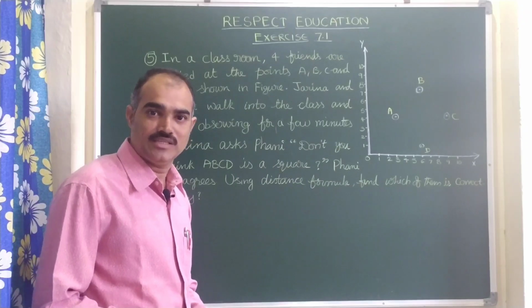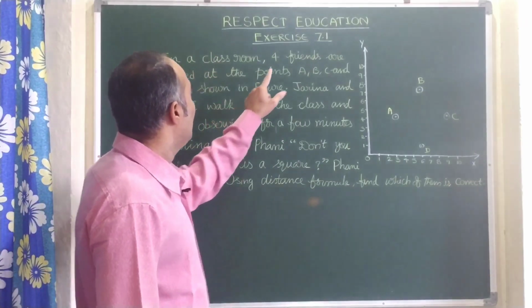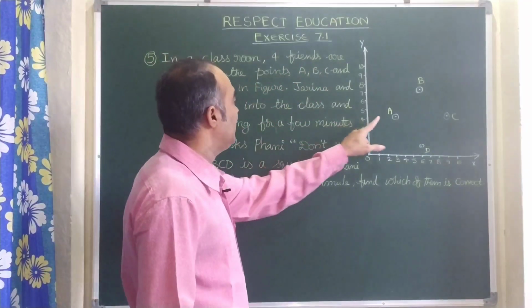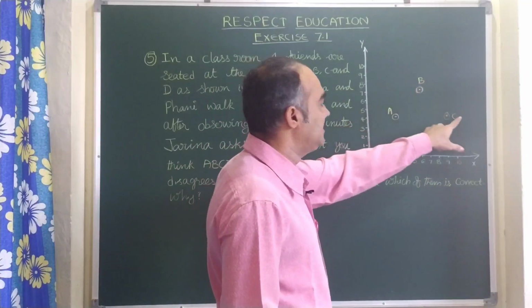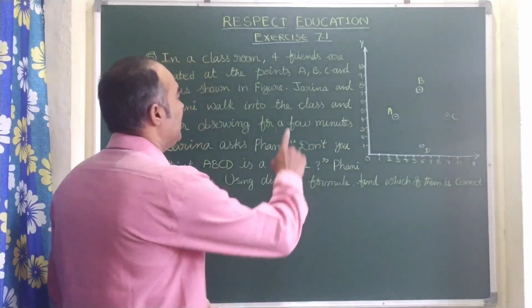Now let us see next question, that is question number 5. In a classroom, 4 friends are seated at the points A, B, C and D as shown in the figure.